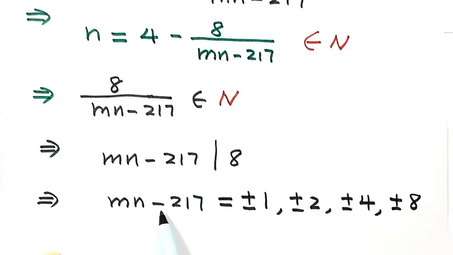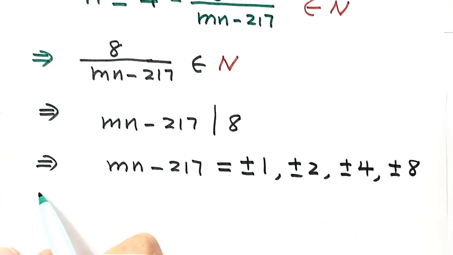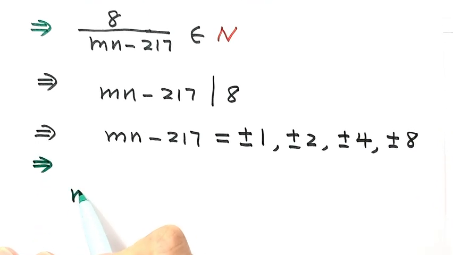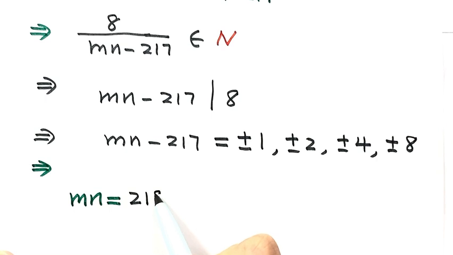Then if we bring negative 217 to the right-hand side, each number plus 217. Then we have the solutions for mn. So here, mn equals the following. The first one, 217 plus 1, here just 218.